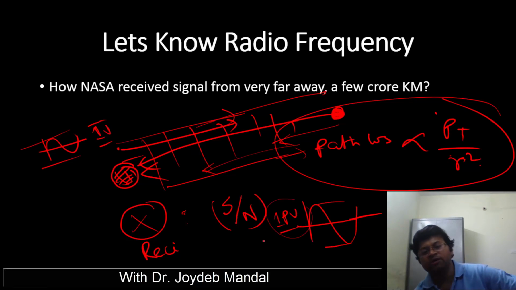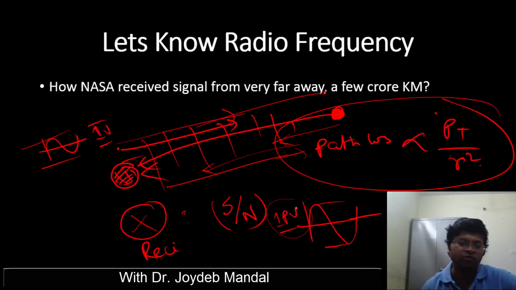Pico means 10 to the power minus 12, exceptionally a few crore times down. Now it is an extremely low voltage, close to the noise floor. What is noise? Noise is an unwanted signal.